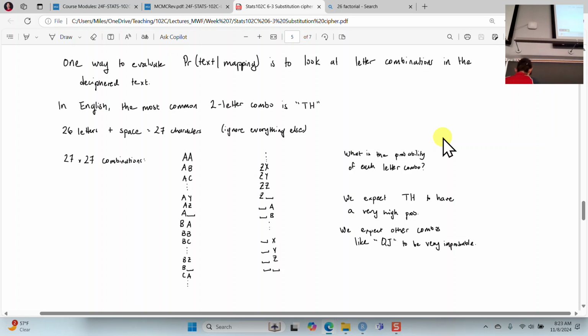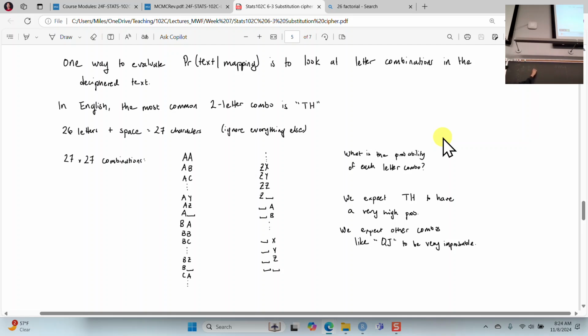So we will have kind of this 27 by 27 matrix. I think this will be my first letter and this will be my second letter. Space, and then, so, what is it? This would be AA, this is AB.